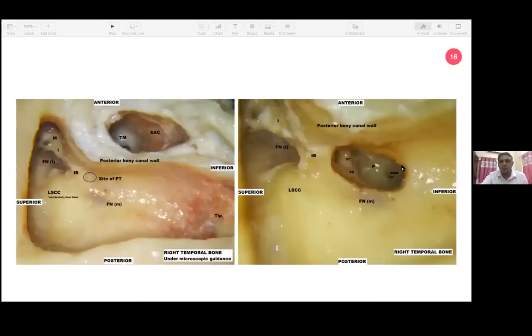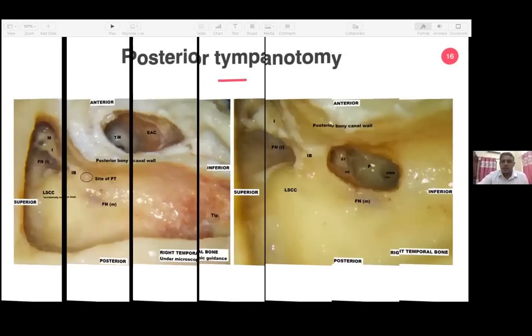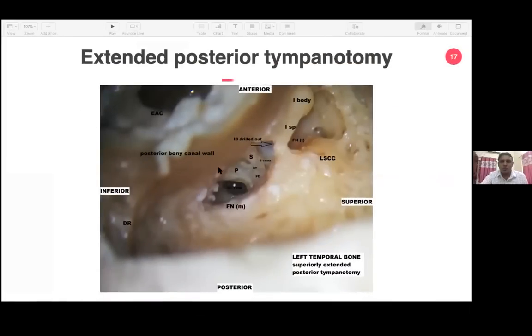This is the conventional posterior tympanotomy, and this is the extension of the posterior tympanotomy. That means it is extended superiorly or it can be extended inferiorly. If you extend superiorly, you just take out this piece of bone here. That was nothing but the incus buttress or bridge or bar. If you remove the incus buttress, you are extending the posterior tympanotomy superiorly.